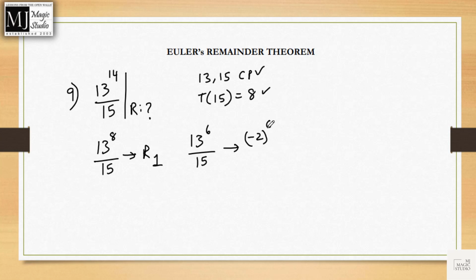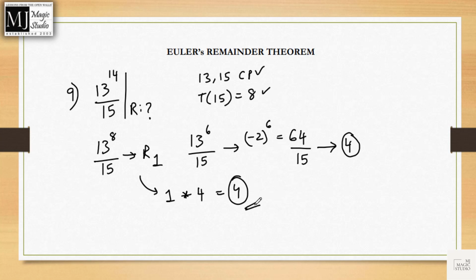So remainder here would be minus 2 to the power 6. Now minus 2 to the power 6, even power will be positive sign, with 2 to the power 6 is 64. Now we can divide 64 by 15 once again to find the final remainder. 64 when divided by 15 leaves remainder 4. So the final remainder is 1 from this part multiplied by 4 from that part. Final remainder would be 4.